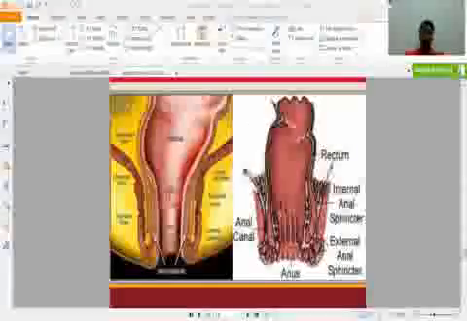This is the rectum. Then this communicates with the anal canal. This is the anal canal, as you can see, friends.